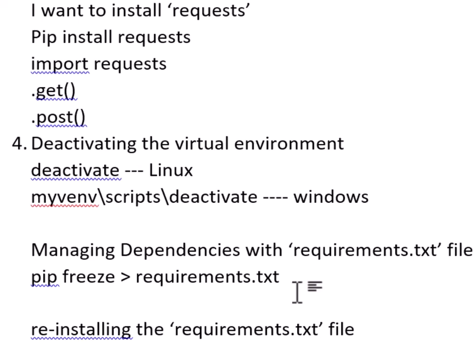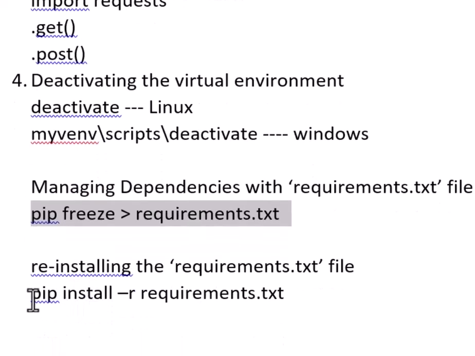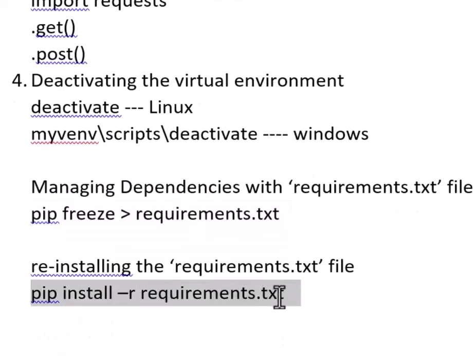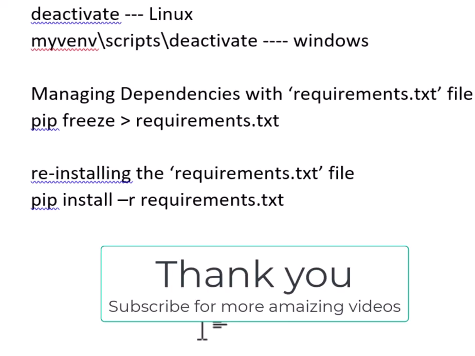I can just say pip install -r requirements.txt. All the dependencies I've already copied here, their names and versions, I can reinstall all of them using this command. So that's just about the virtual environment, managing dependencies, isolating project dependencies.